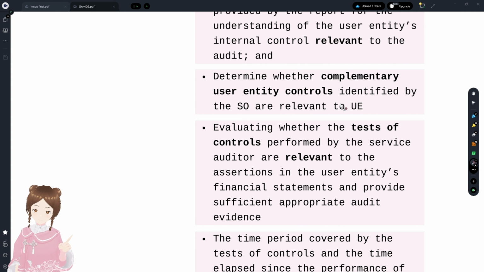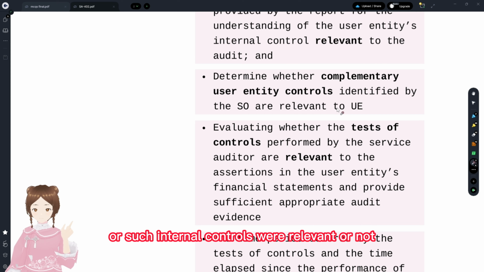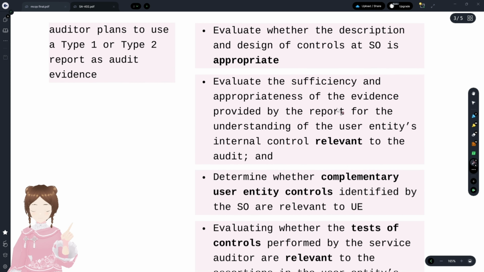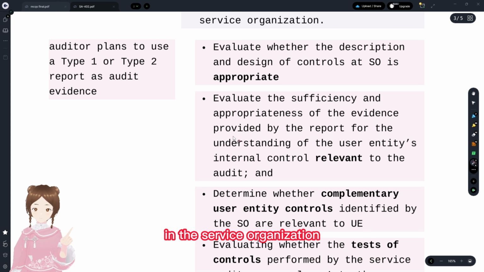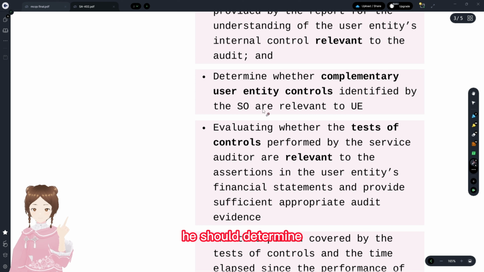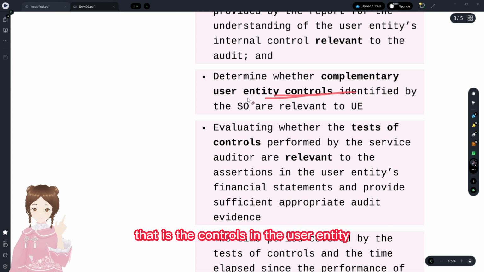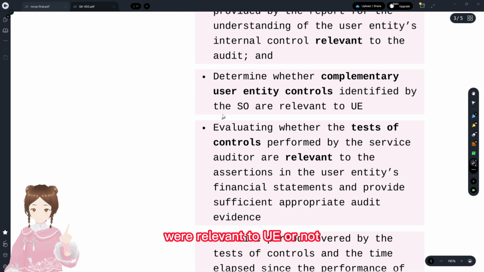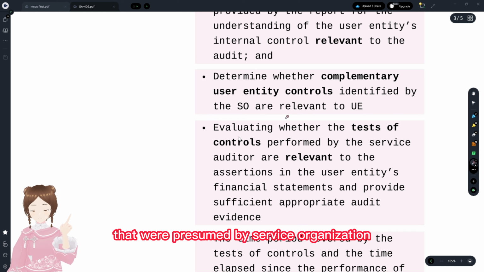Whether such audit procedures or internal controls are relevant or not, we have to check. First he is evaluating internal controls in the service organization. Now he should determine whether those complementary user entity controls, that is, the controls in the user entity that were presumed by the service organization, are relevant to the UE or not.